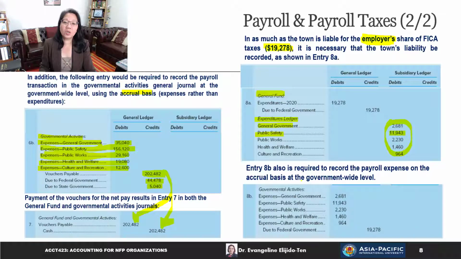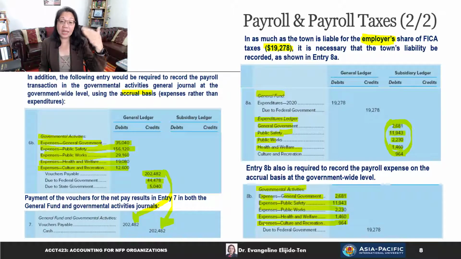government-wide level. So at the governmental activities level, they will be debiting expenses general government, 2,681, expenses for public safety 11,943, expenses for public works 2,230, expenses health and welfare 1,460, and expenses culture and recreation 964.